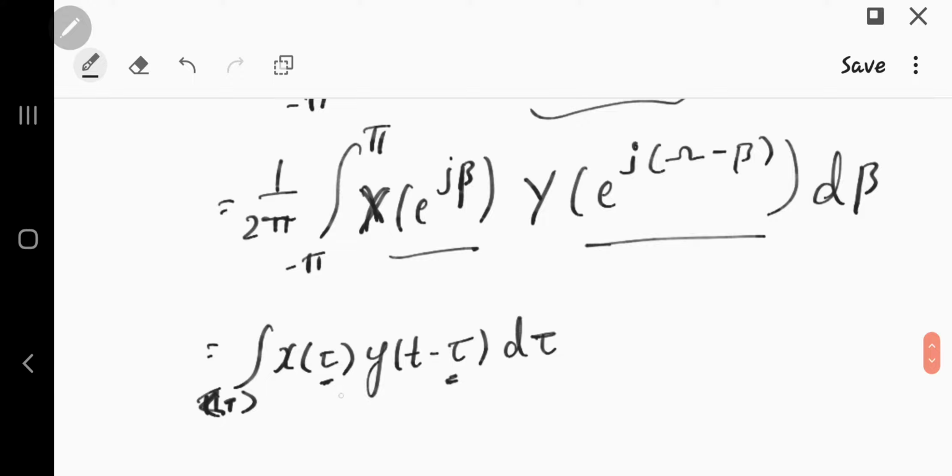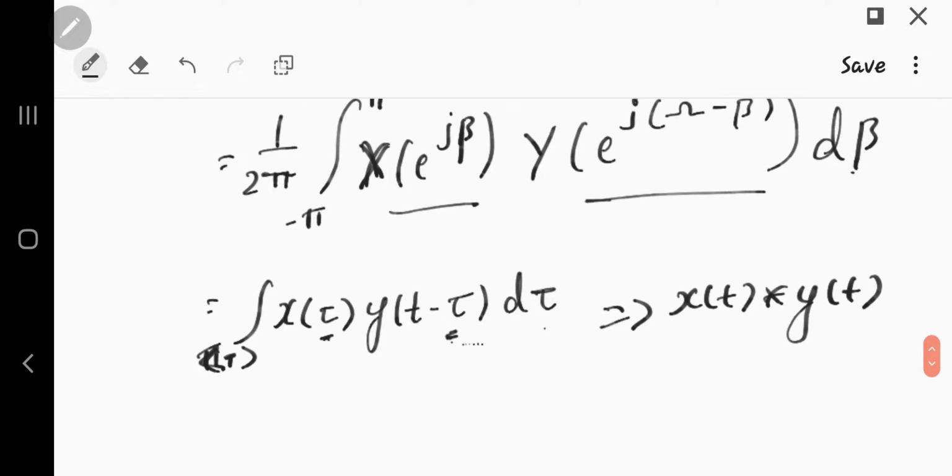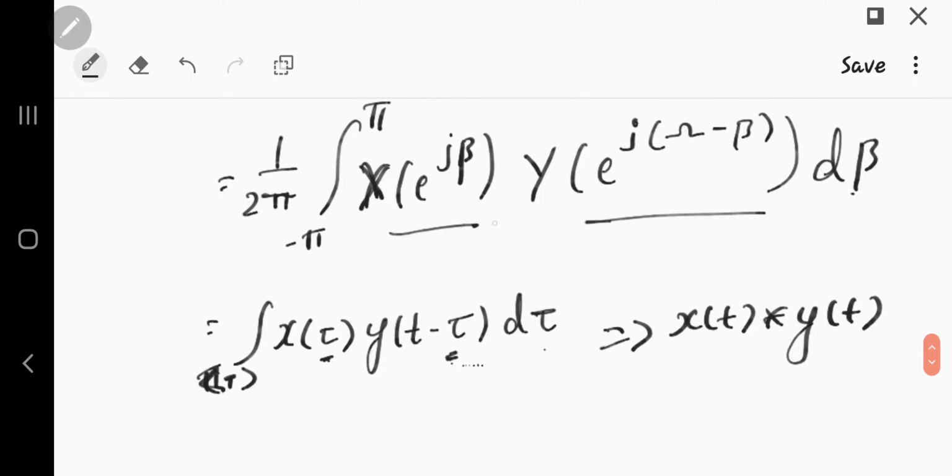So this term is the time shifted version, and in place of tau we have beta. That means with respect to tau we have to integrate there, and here we are integrating with respect to beta. So comparing these two, from the convolution integral, we can say this is nothing but the convolution of x of t and y of t. Now we are getting the same thing in the frequency domain.